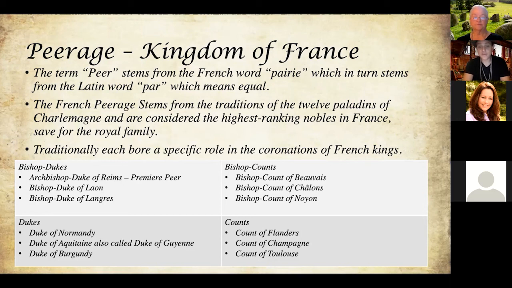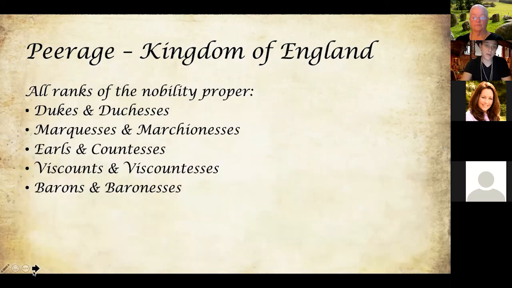Then you would see some of these county titles shifting over to duke and other counties being added in. And then once you get into the late period, say late 1400s, early 1500s, they just start cranking out peerages left, right, and center, nowhere near tied to these original 12, but as an added oomph to a title of rank or of nobility from the other ranks that we've seen before.